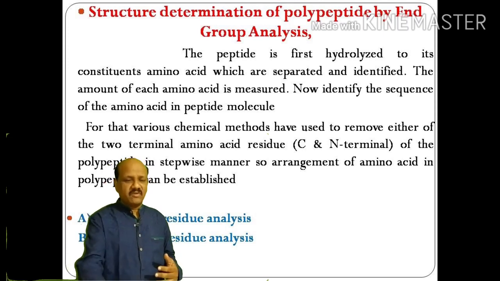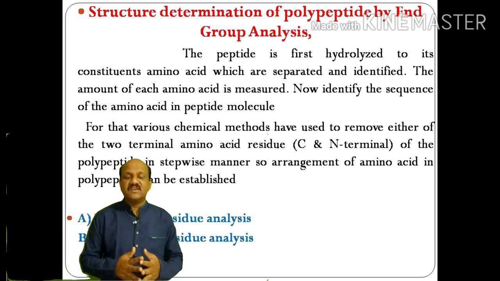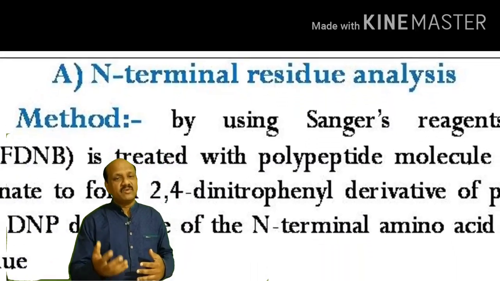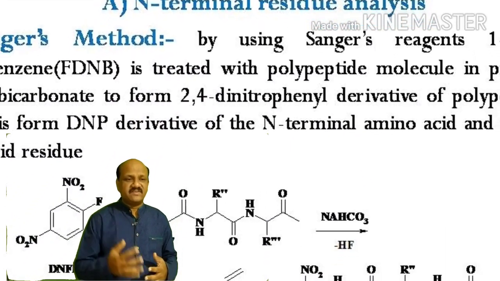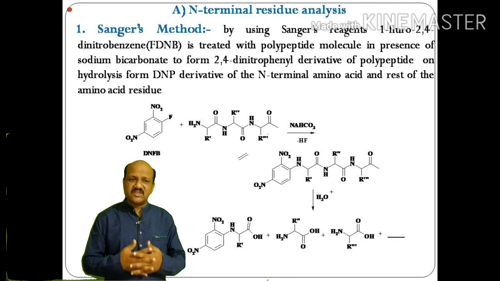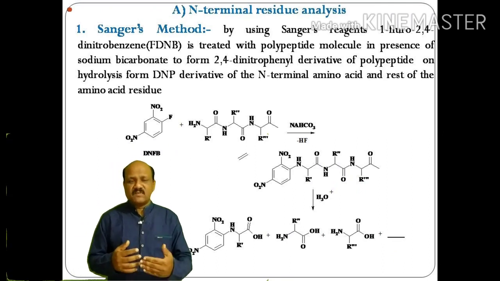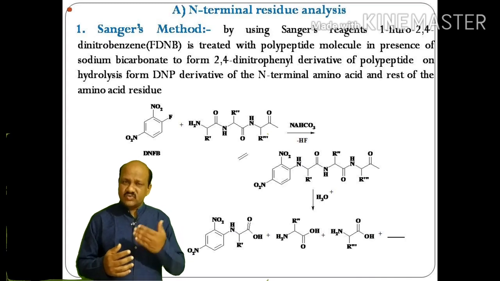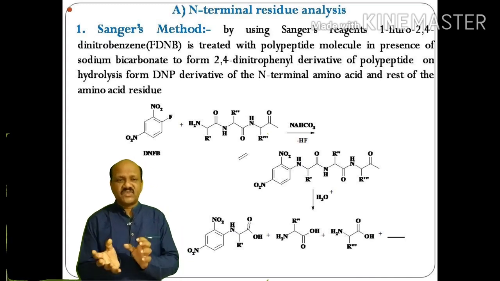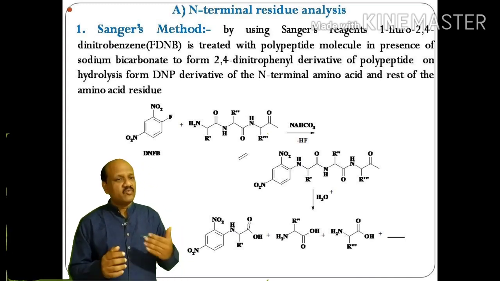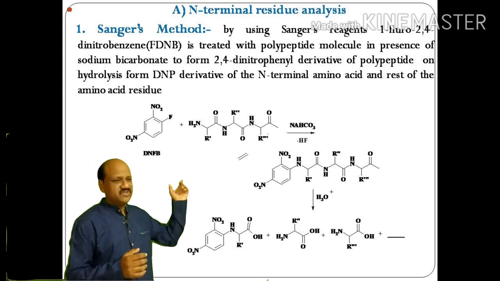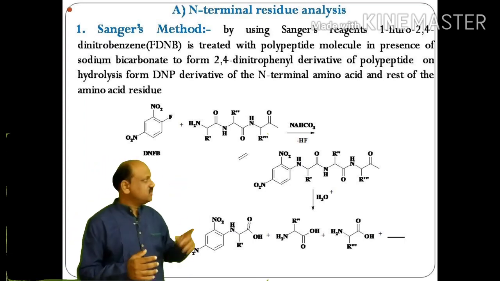First of all we see the N terminal residue analysis. The first method is Sanger's method. In this method we use Sanger's reagent, that is 1-fluoro-2,4-dinitrobenzene, FDNB.